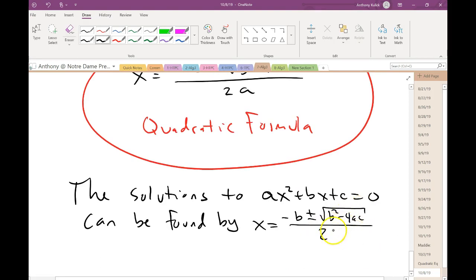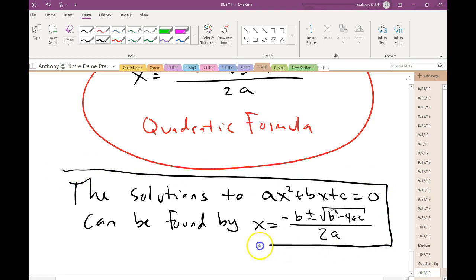Should you memorize the quadratic formula for this class? Yes. That is something you'll get tremendous mileage out of. It's well worth your time to do that.